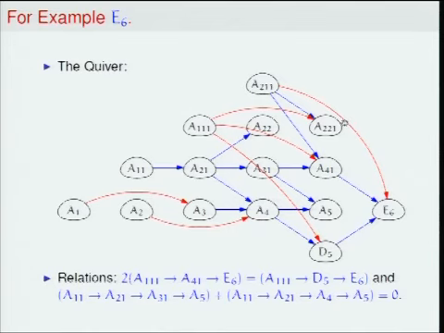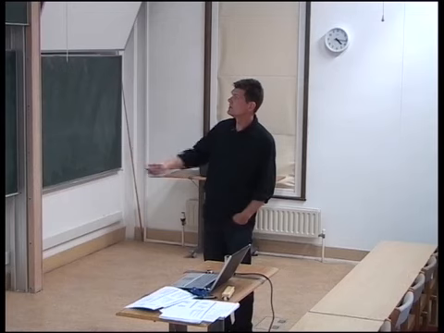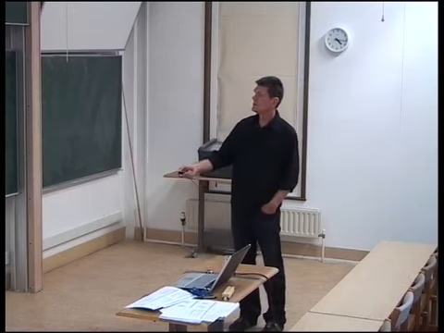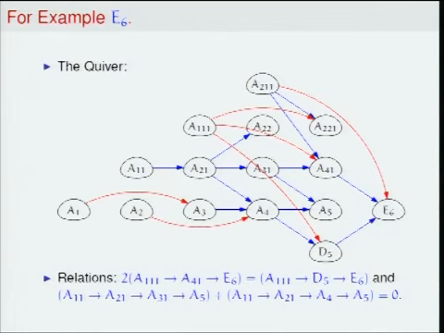In type E6, the quiver, or the non-trivial part of the quiver, looks like this, where I've distinguished short edges from long edges through the colors. There are two relations on this quiver, one involving this vertex here. I use A111 as a shorthand for A1 times A1 times A1.